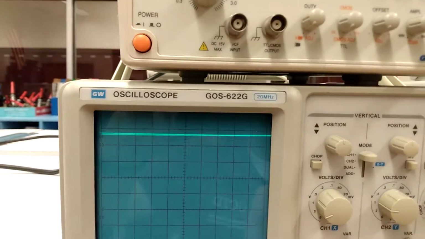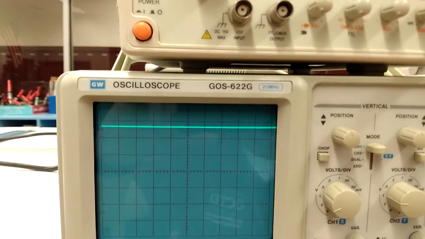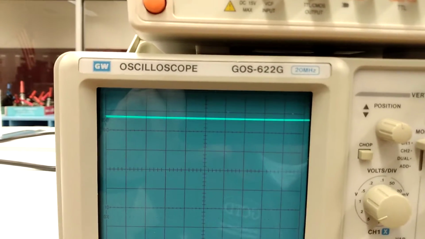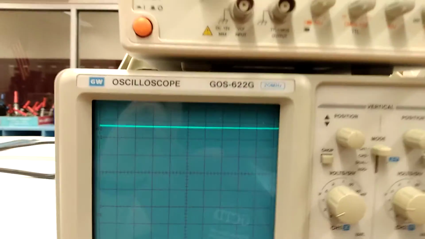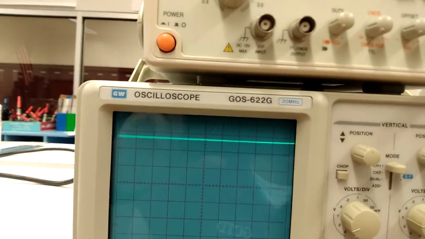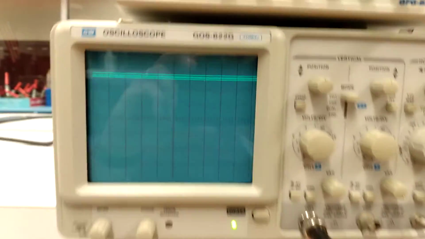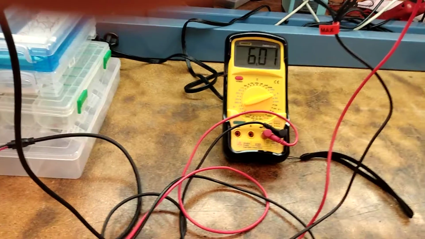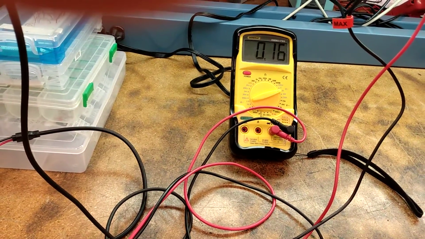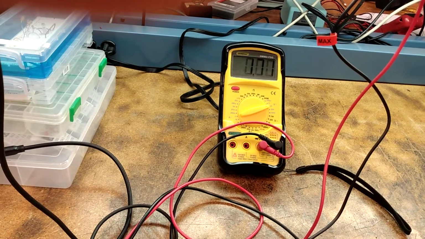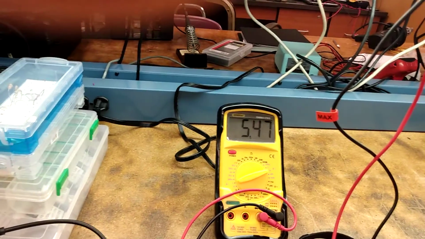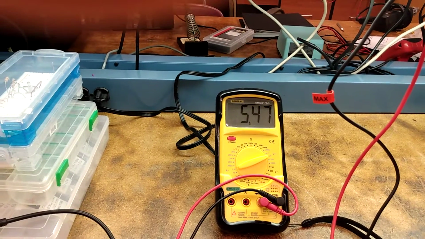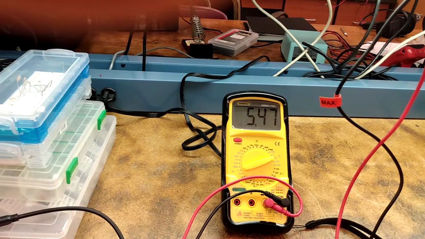Okay, and so we know that this is about 5.5 maybe, somewhere close to 5.5. We can use the oscilloscope to dial that in a little more exact. Since I have the digital voltmeter set up here, we'll do a quick assessment with the digital voltmeter to see it's 5.47. So we're pretty close by saying 5.5.